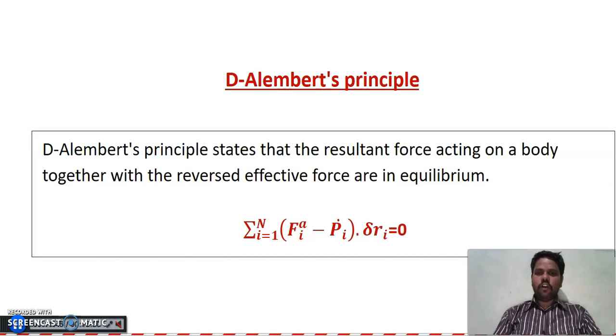The expression is summation over i of (Fi minus Pi) dot delta ri equals 0. This is known as D'Alembert's principle.